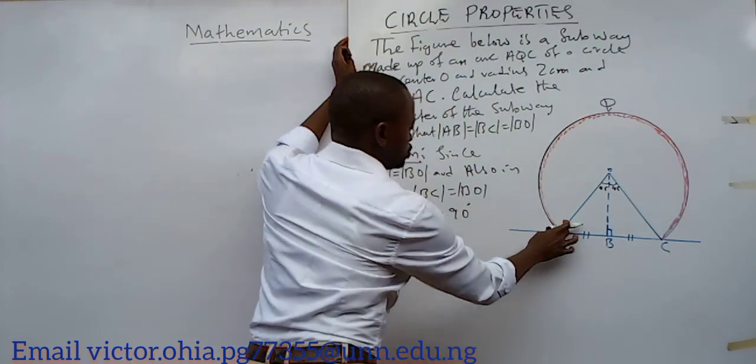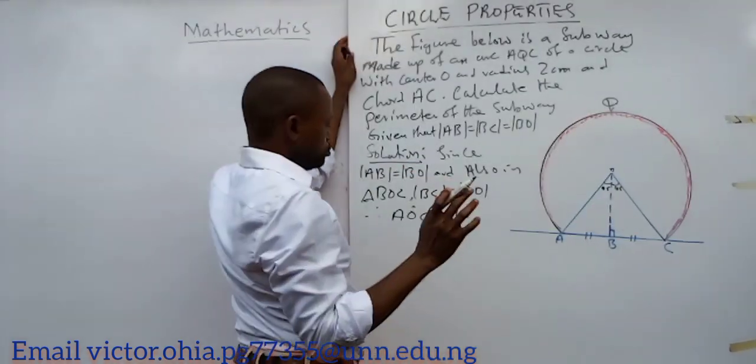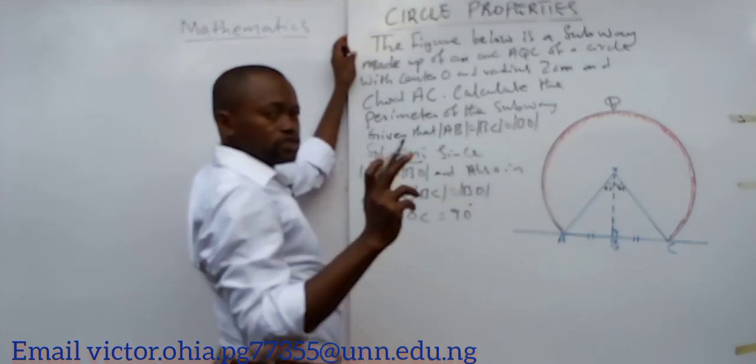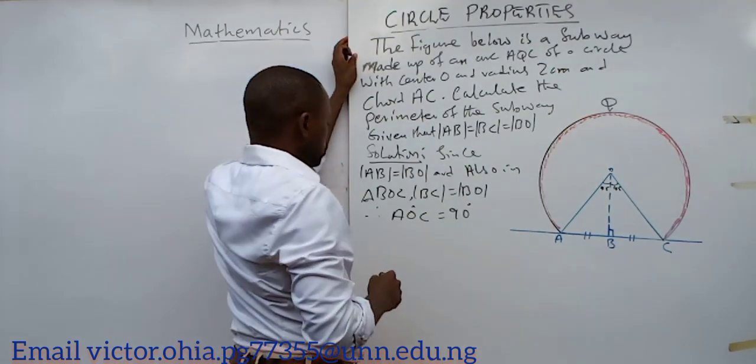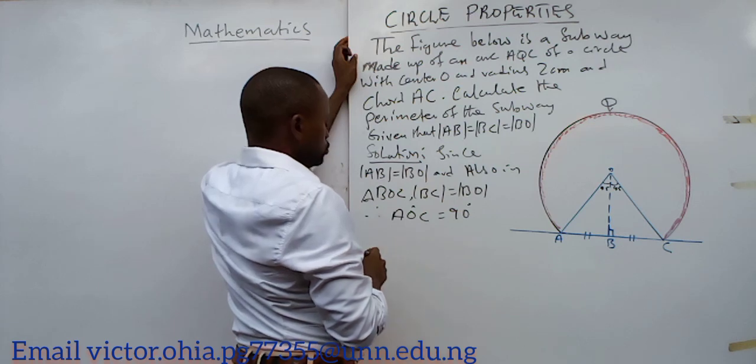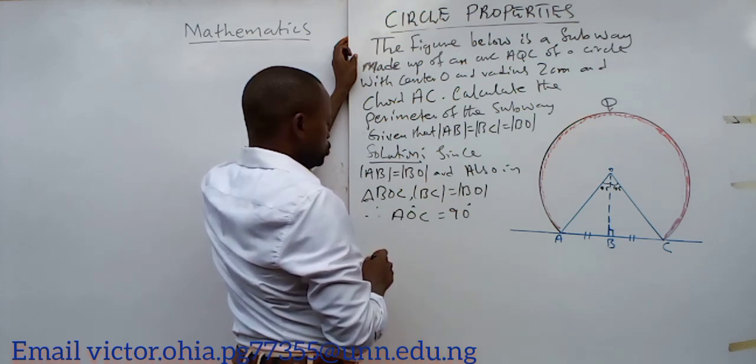Since this angle and this angle are equal, and base angles of isosceles triangles are equal.